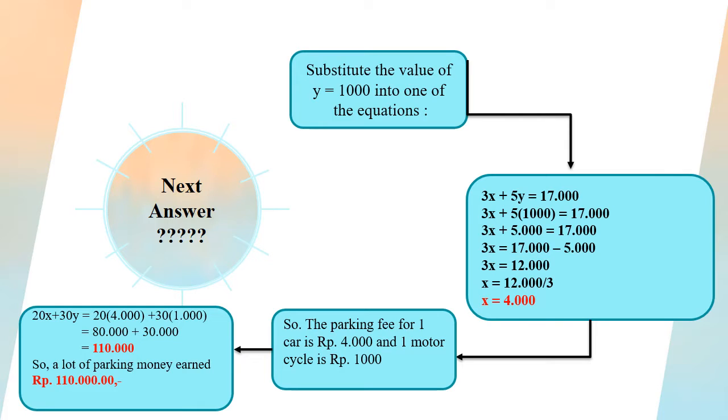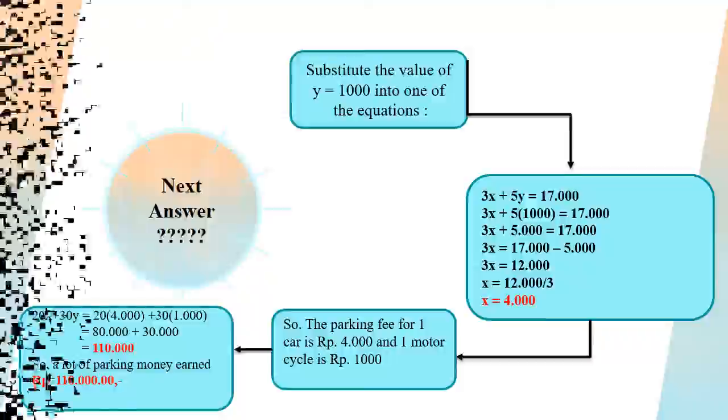What is asked, 20x plus 30y, is 20 multiplied by 4,000 plus 30 multiplied by 1,000, equals 80,000 plus 30,000, equals 110,000. So the parking money obtained is 110,000.